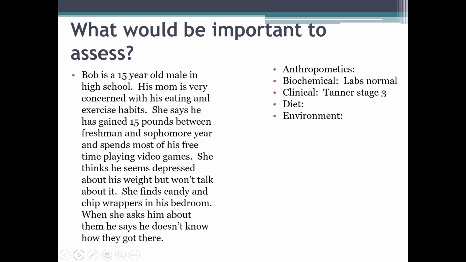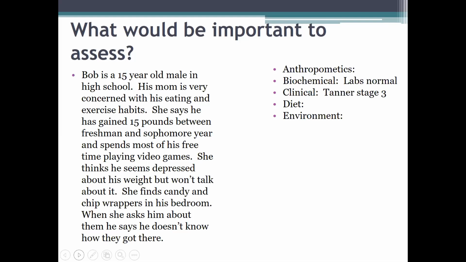We're going to pretend that we do care, that his growth charts did show that that was an excessive weight gain, that he was going up in the BMI percentile category, so his weight was growing more than his height.